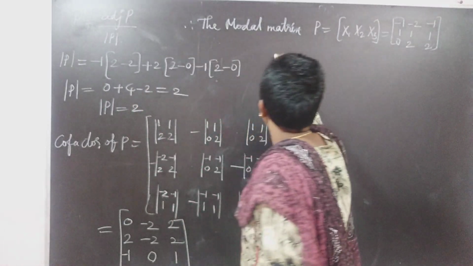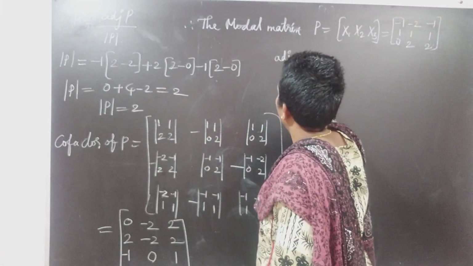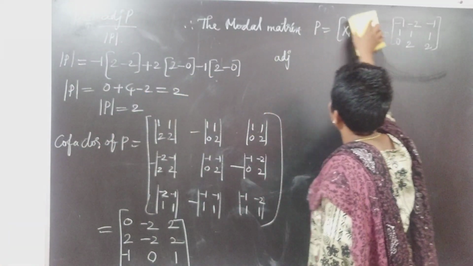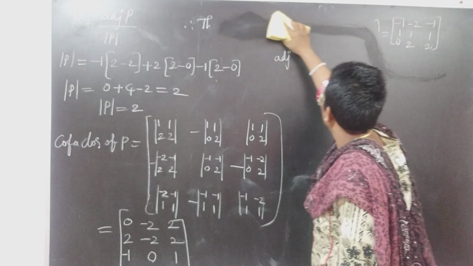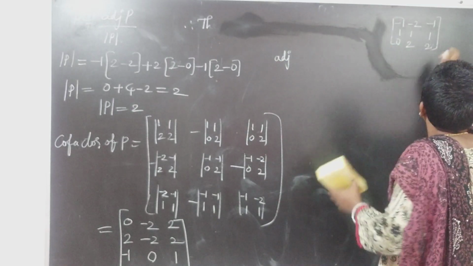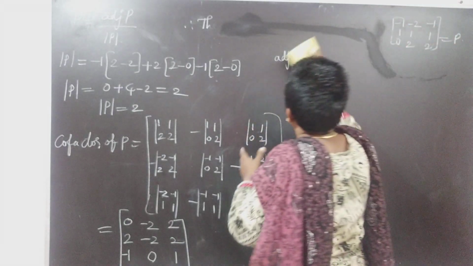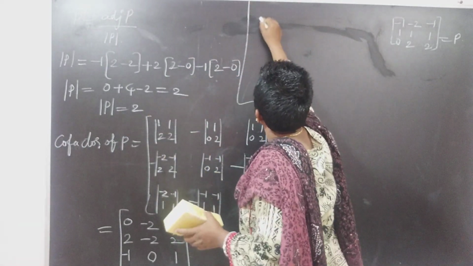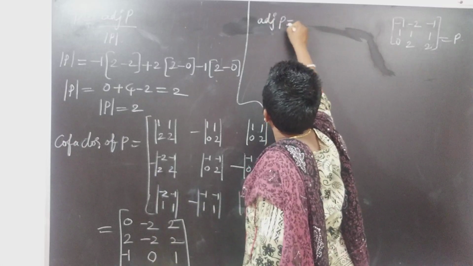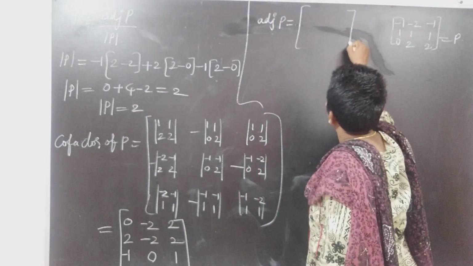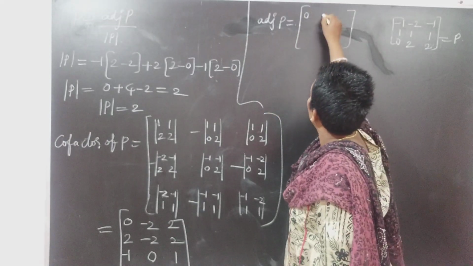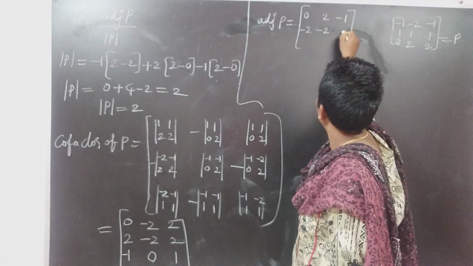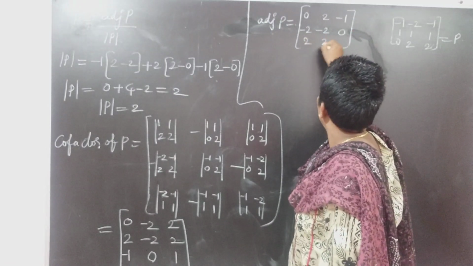Next we can find out the adjoint of P. Adjoint of P is equal to transpose of the cofactor matrix: 0, 2, minus 1, minus 2, minus 2, 0, 2, 2, 1.